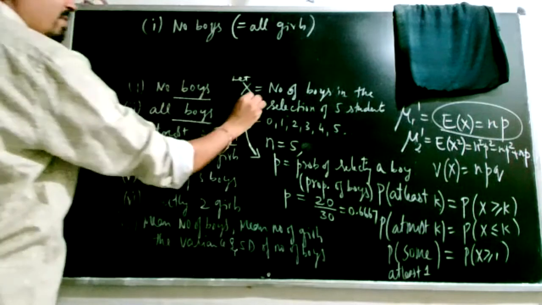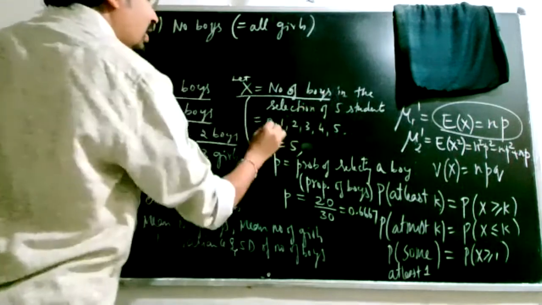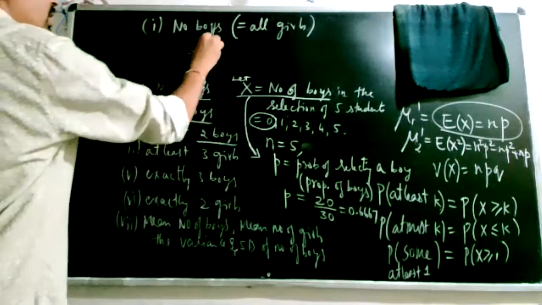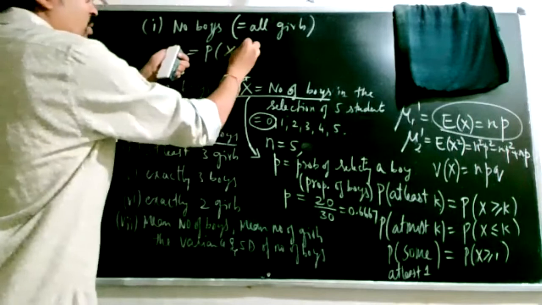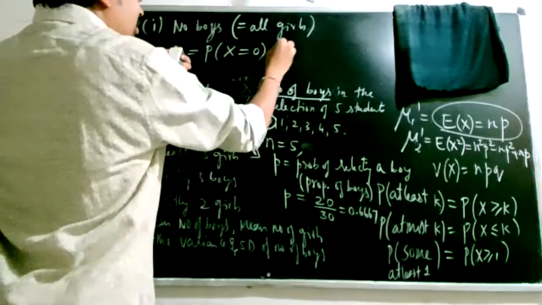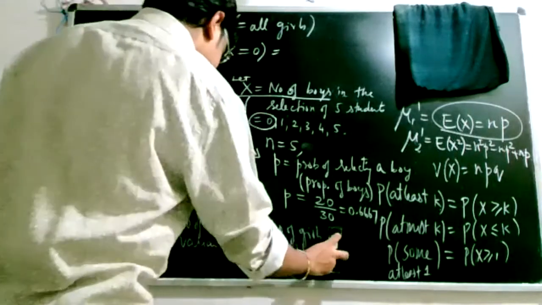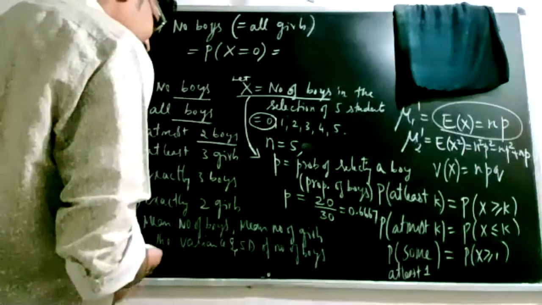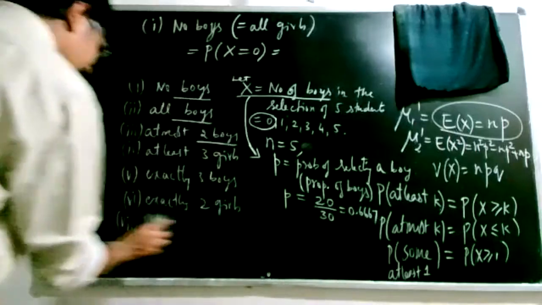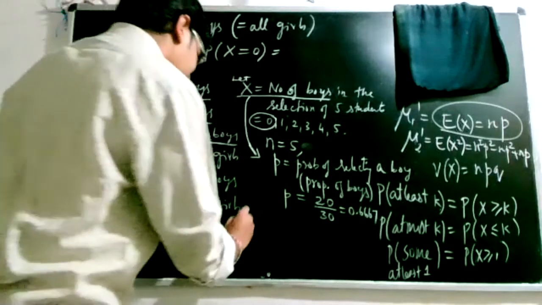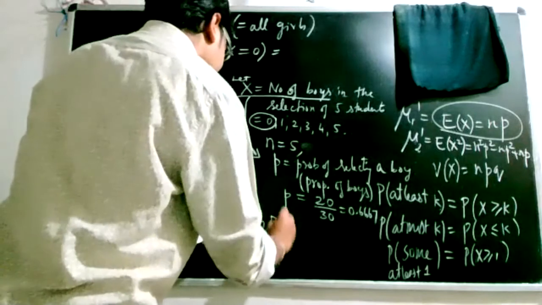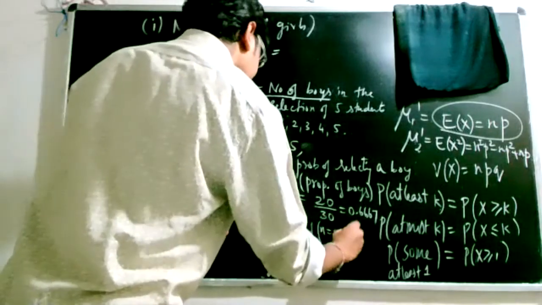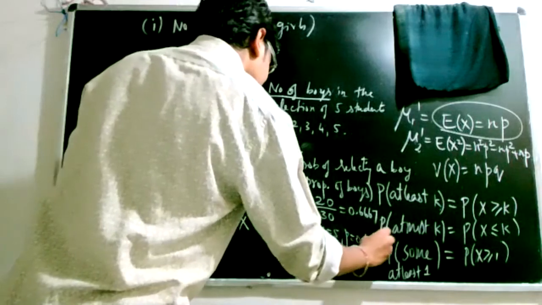Since I have taken x as the number of boys, the case which indicates no boys is x equal to 0. So this is P of X, the number of boys, equal to 0. Before writing, we'll write the PMF here. X follows binomial with n equals 5, p equals 0.6667.